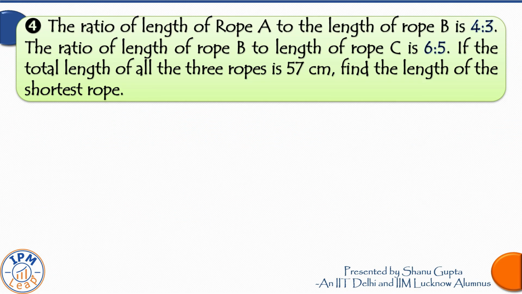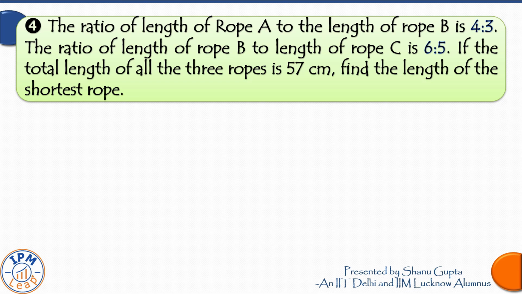Now let us apply what we have learned so far to the question on your screen. The ratio of length of rope A to the length of rope B is 4:3. The ratio of length of rope B to the length of rope C is 6:5. If the total length of all the three ropes is 57 cm, find the length of the shortest rope.